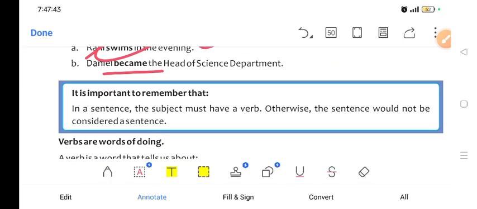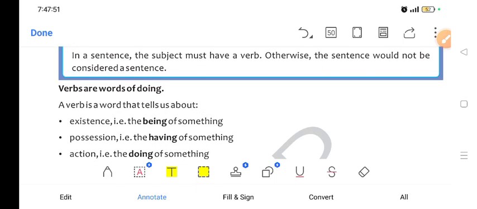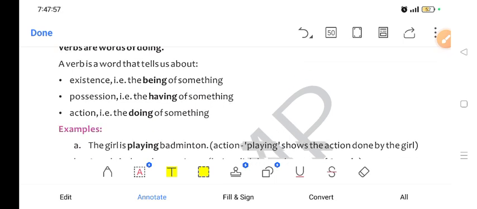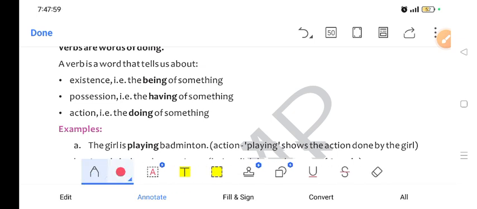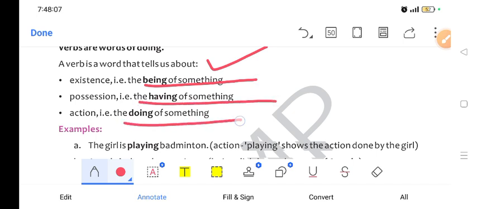It is important to remember that in a sentence the subject must have a verb, otherwise the sentence would not be considered a sentence. Verbs are words of doing. A verb is a word that tells us about existence, the being of something, possession, having of something, or action, doing of something.